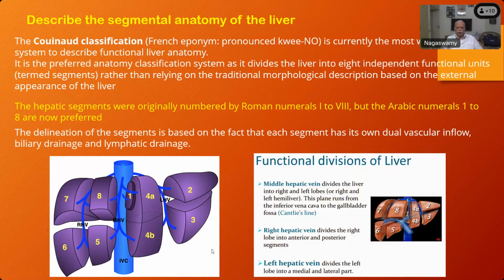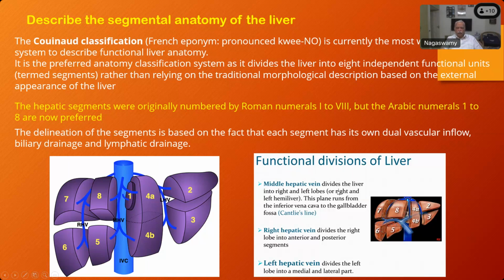He has taken the middle hepatic vein, which divides the liver into right and left. This plane runs from the inferior vena cava to the gallbladder fossa, and that imaginary line or plane is called the Cantlie line. The right hepatic vein divides the right lobe into anterior and posterior segments, and the left hepatic vein divides the left lobe into medial and lateral portions.